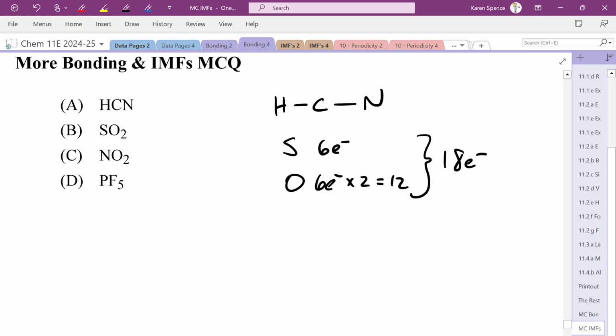So you say, okay, I got S, I got O, and I got 2, 4, 6, 8, 10, 12, 14, 16, 18, 20 electrons. So I'm going to get rid of this pair, and I'm going to take this pair and bring it in, so that now I have a double bond here. Yes? You with me so far?